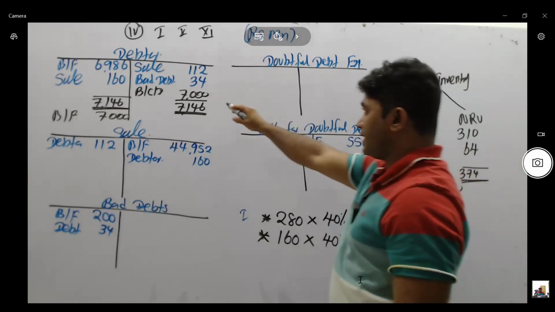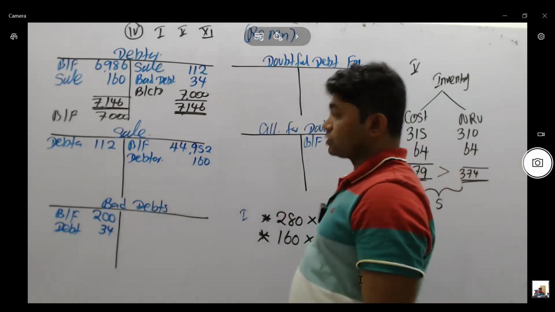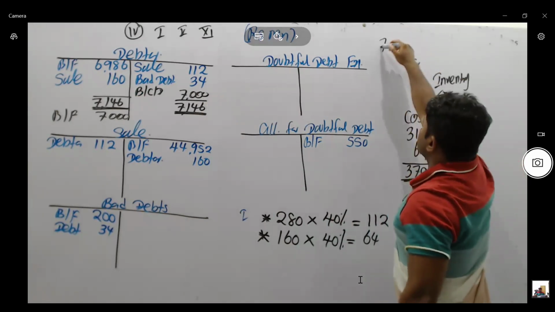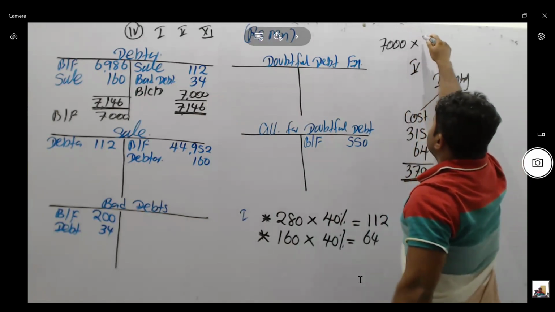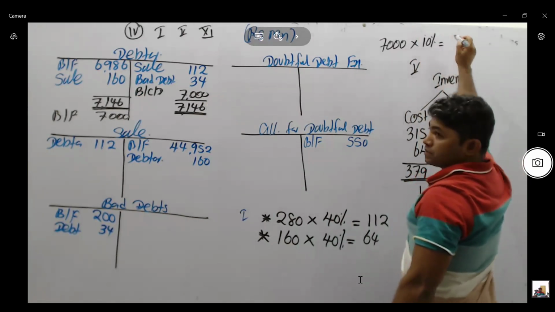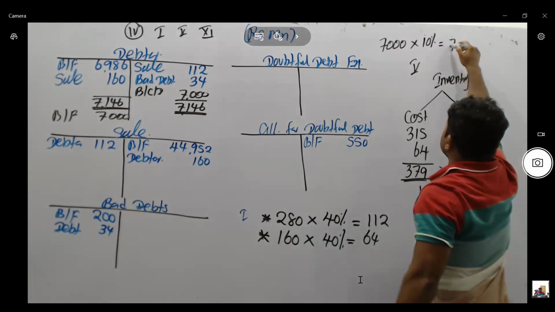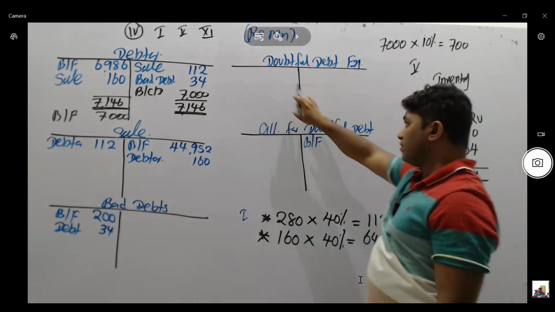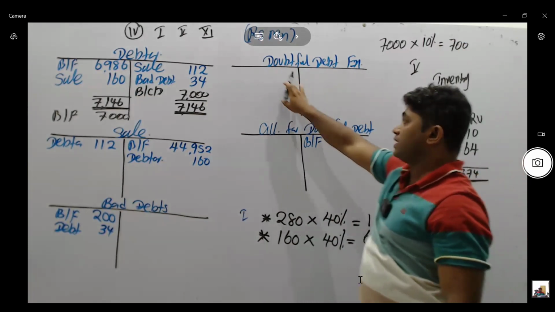The remaining balance of trade receivable equals 7,000. Based on that value, 10%. Therefore 7,000 into 10% equals the closing balance of allowances for doubtful debts, value equals 700. Think doubtful debts expense account debit, allowances for doubtful debts account credit, normal double entry.